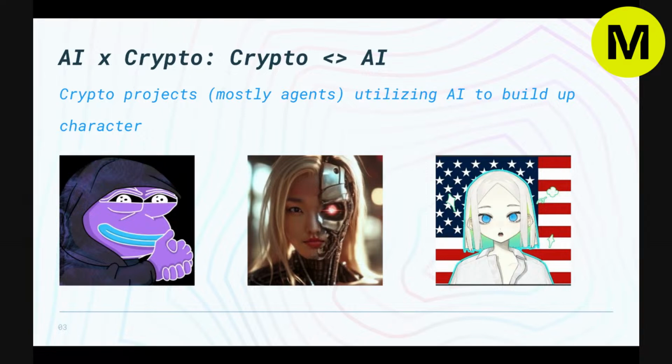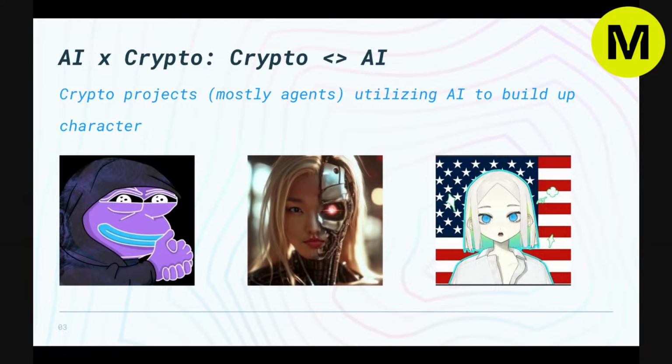And for this, they also enable a combination of crypto and AI, because they are building a kind of AI project, and this AI project is tied to a crypto asset. It's basically a kind of tokenized AI meme on chain.